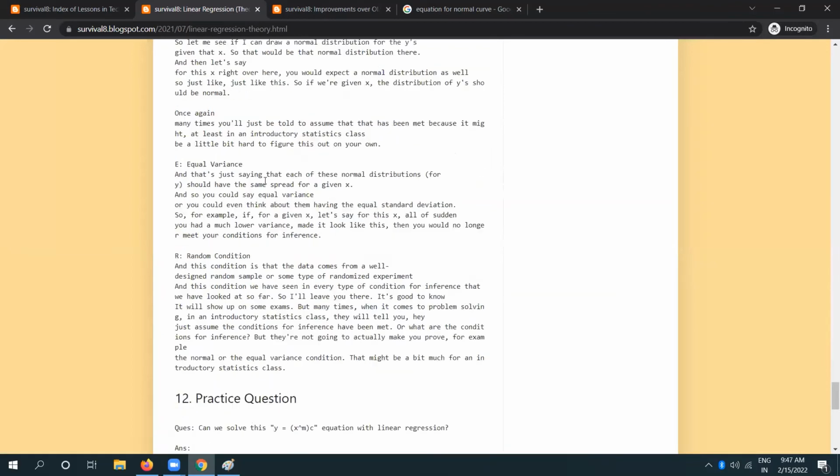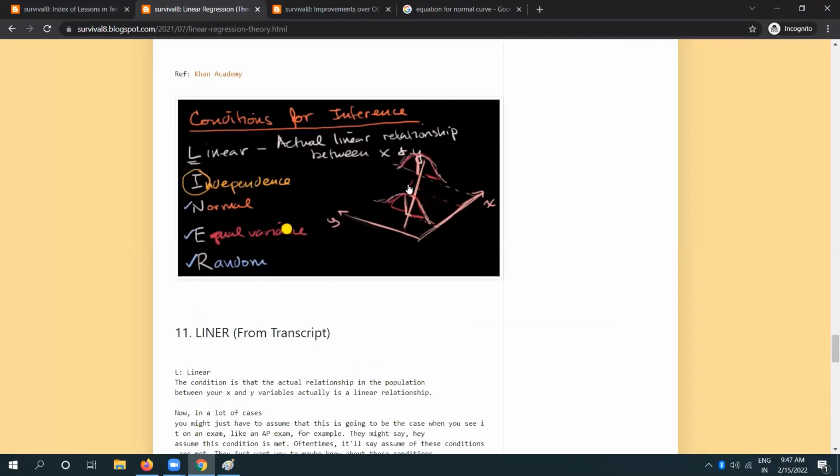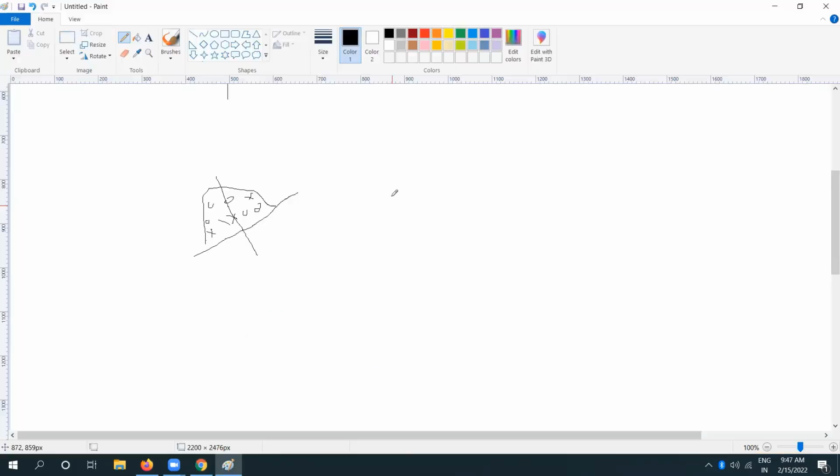Then equal variance. Equal variance is that, suppose you have x and y like that, and you have a line like that. Now, if you have a normal distribution of data points over here like this, it will have a sigma, it will have a mean, right?